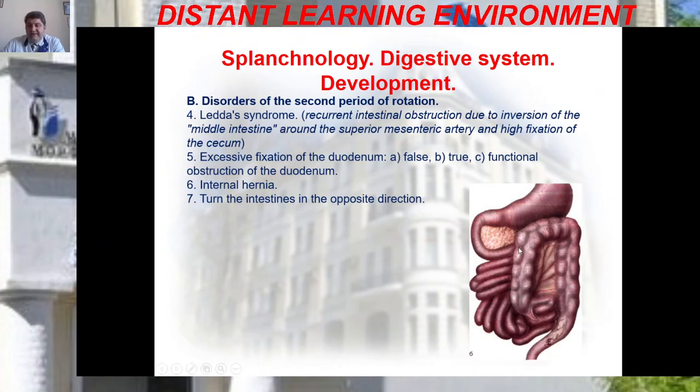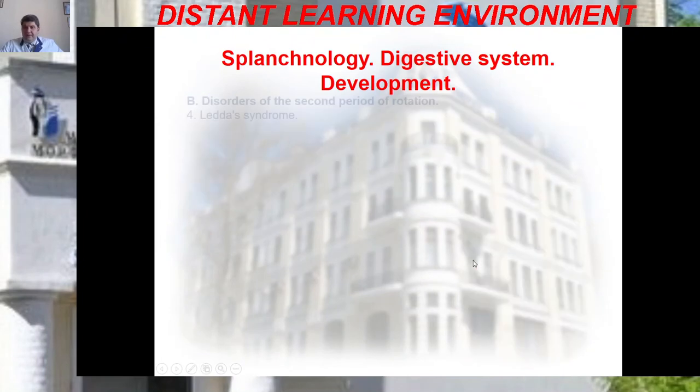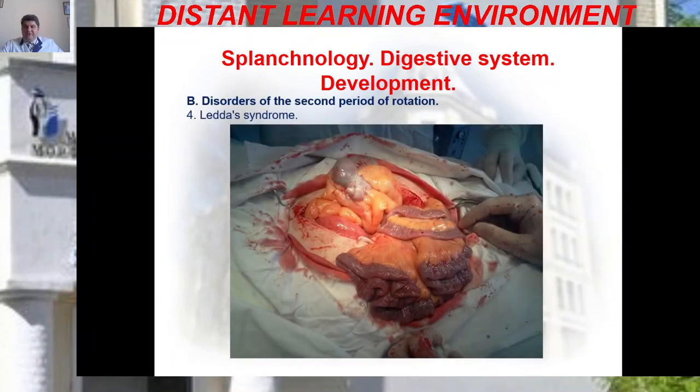You may see that the sigmoid colon is situated on the central part of the abdominal cavity and not on the right, as abnormal. Also, you can see Ladd syndrome here, microintestinal syndrome.